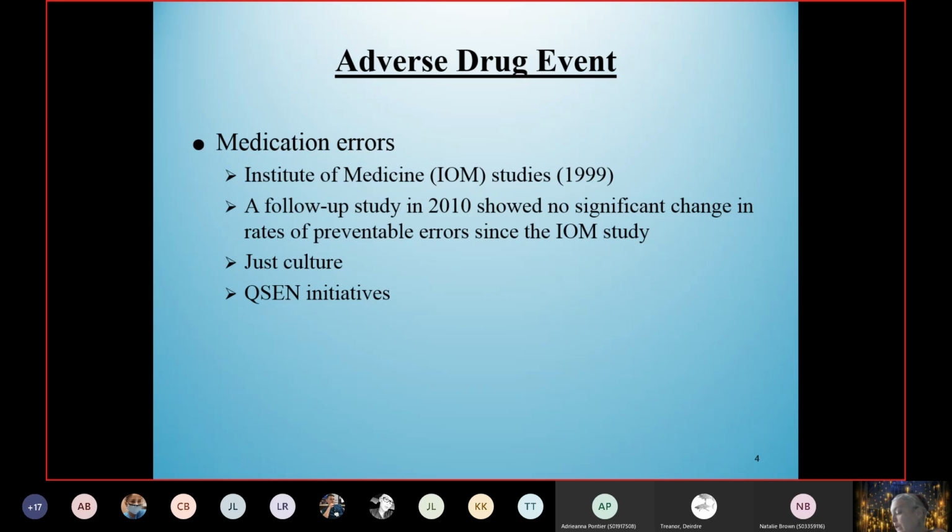It should be a learning opportunity, to help figure out where a breakdown was or what happened. The follow-up report noted that most errors occur as a breakdown in the medication use system as opposed to being the fault of an individual person.